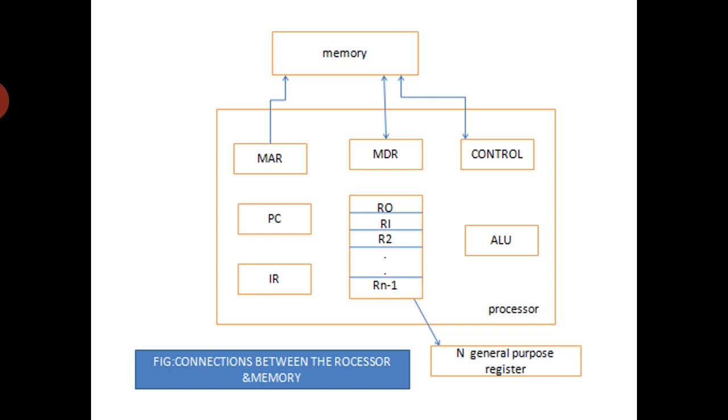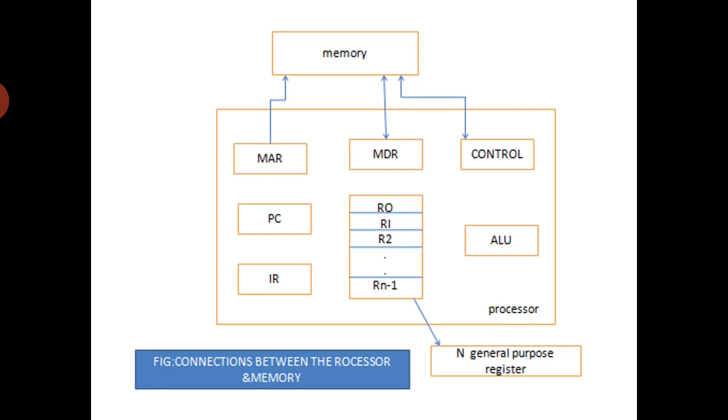Along with this, the processor will also have n number of general purpose registers, R0 to Rn minus 1. Okay, the processor has the memory address register, program counter, instruction register, memory data register, and n number of general purpose registers.